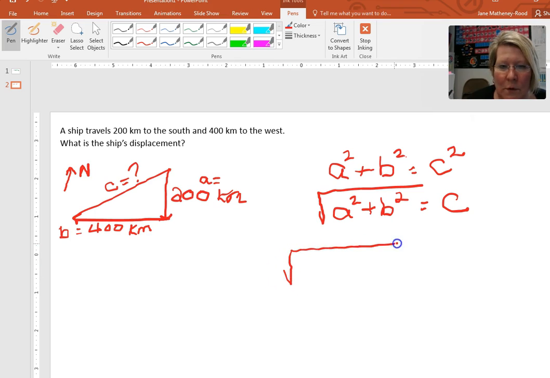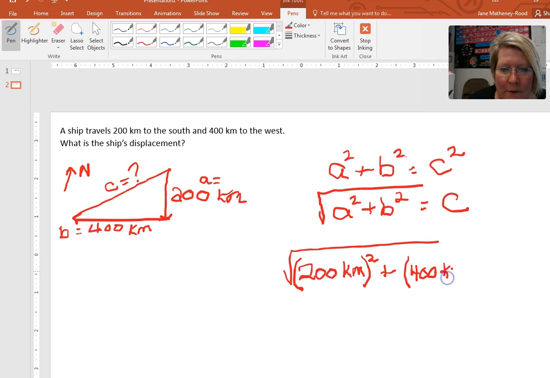We're going to have the square root of 200 kilometers squared. And then we're going to add the 400 kilometers. And we can't forget to square that one as well.